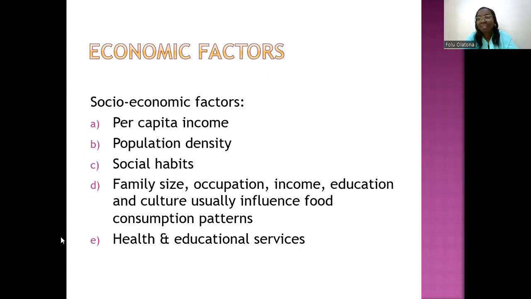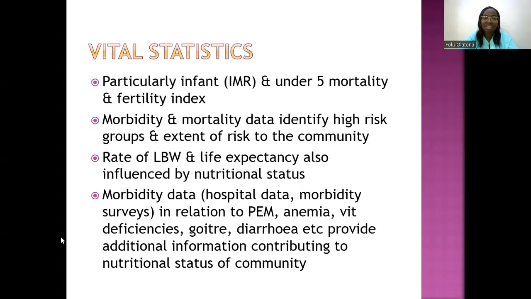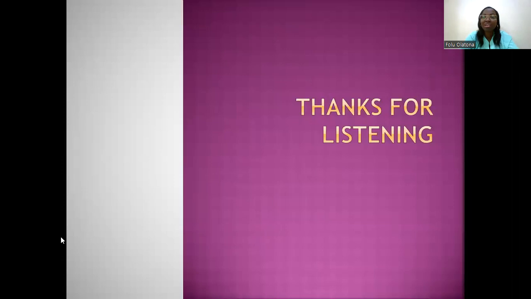If they are high, then those are signs of good nutrition. Vital statistics, I've explained: infant mortality rate, under 5 mortality rate, fertility index, morbidity and mortality data, rate of low birth weight and life expectancy. All these data can help to point attention to poor or good nutrition.